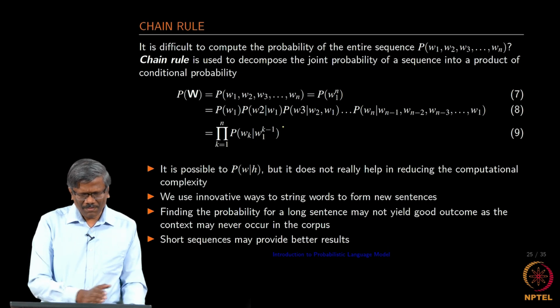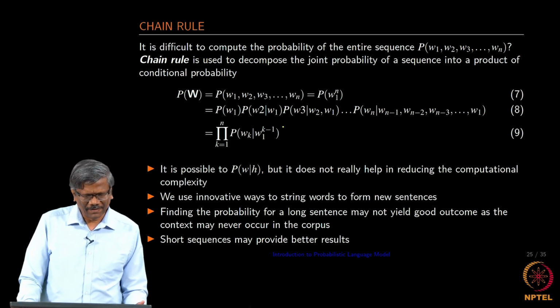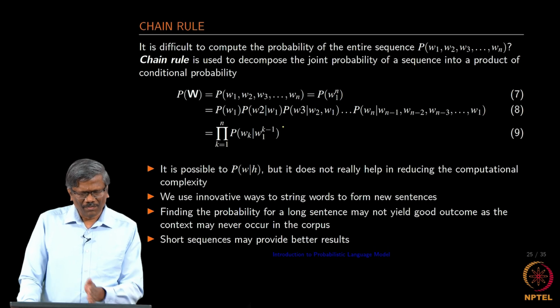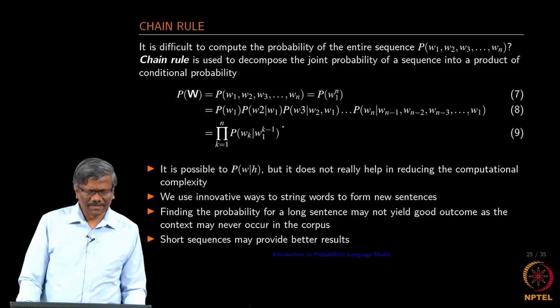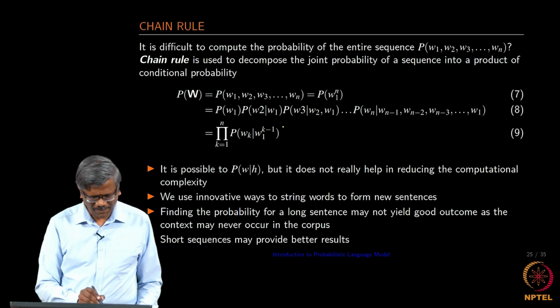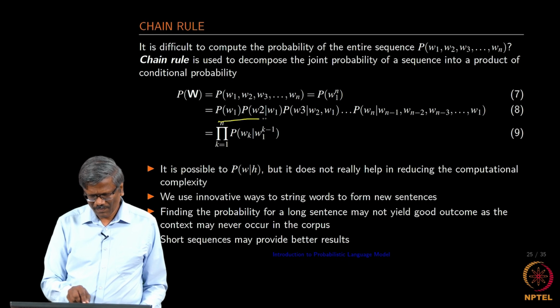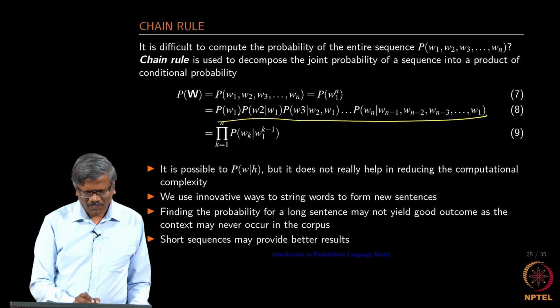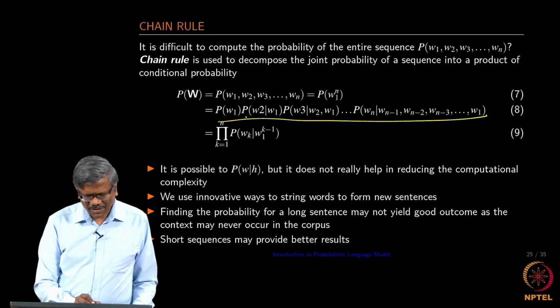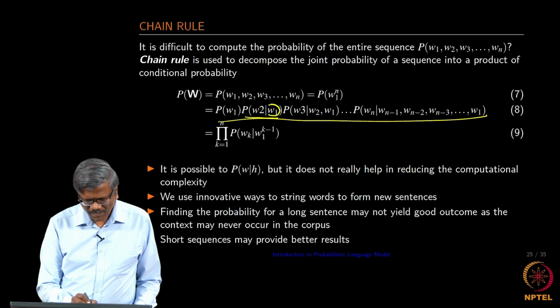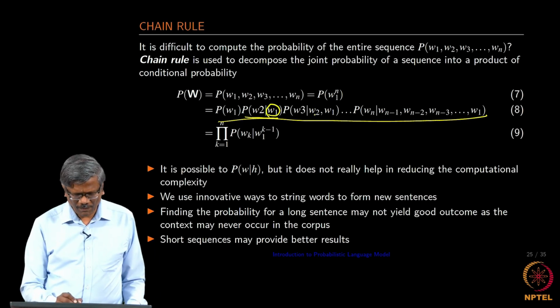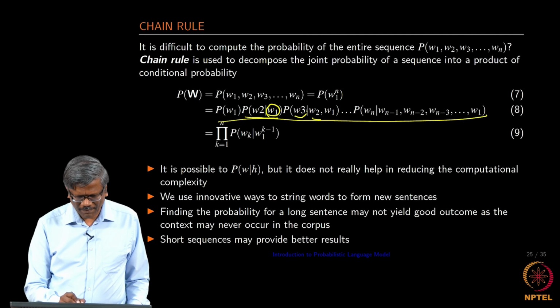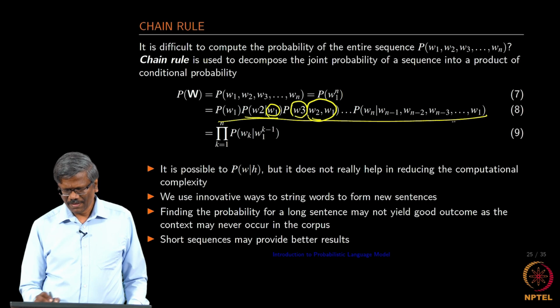Okay. It is possible, if you look at the chain rule, we can compute the probability using the conditional probabilities. So, that is what I have done in this case here, right. Okay. So, I have taken the first word, and then the next one is computed based on the word W1, and then the probability of finding this is conditioned by these two words, and so on.